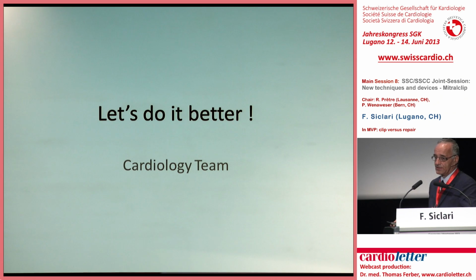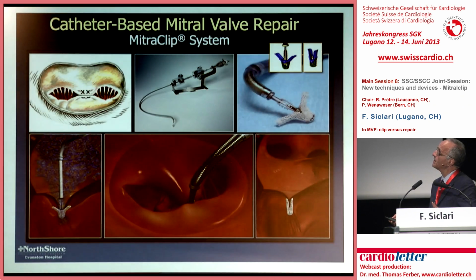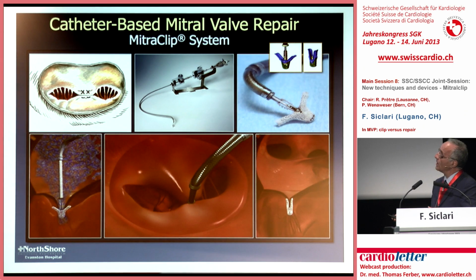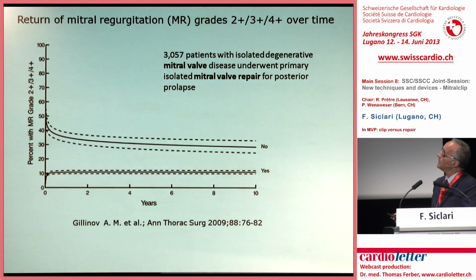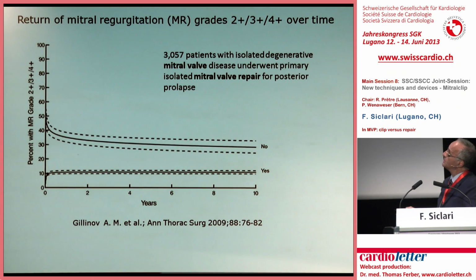So the cardiologists said at one point, let's do better. And so they introduced the MitraClip. I don't go into the details because we know already from the previous presentation. But one thing that probably they forgot is that there is a return of mitral regurgitation, grade 2, 3, and 4, over time in patients who have been operated on by leaflet surgery without inserting an annuloplasty.